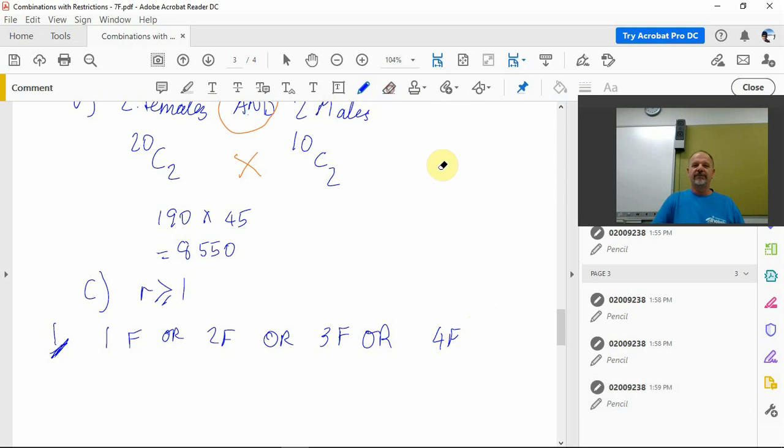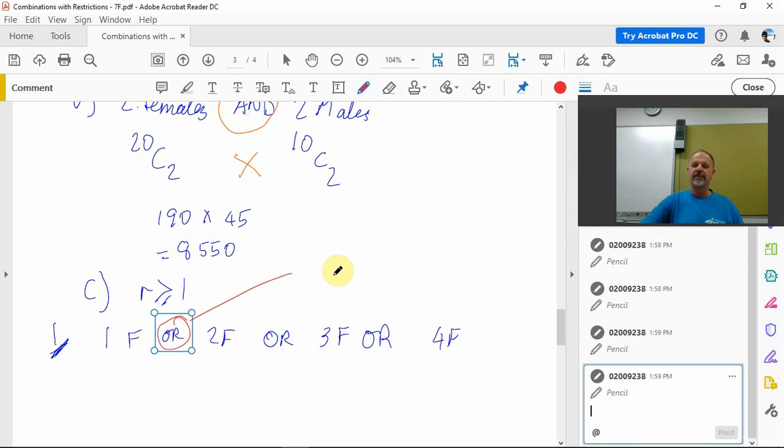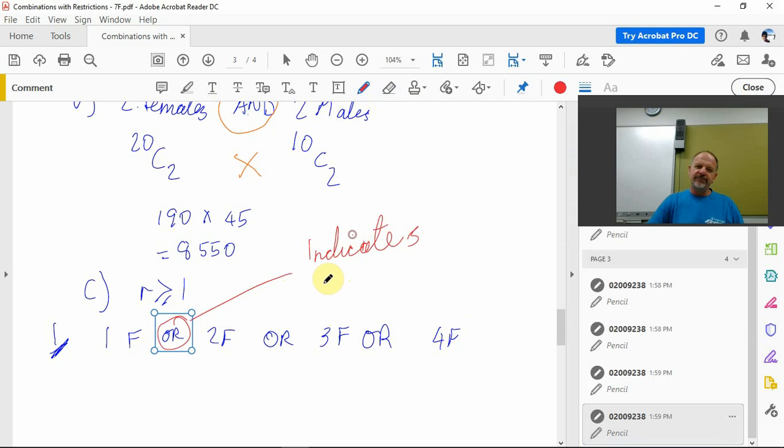All right, and you see I've emphasised the word "or", and when it's used in this context in probability it indicates addition. So there's a few things to do if we were to do that particular method.